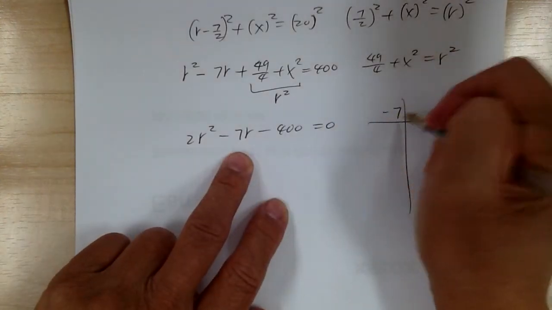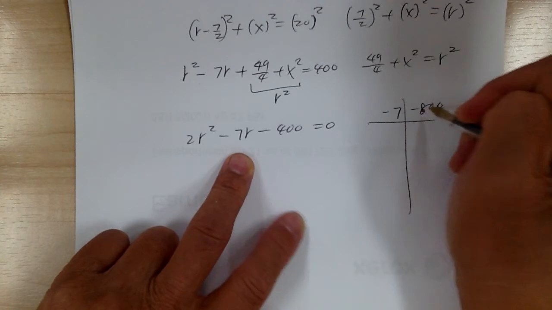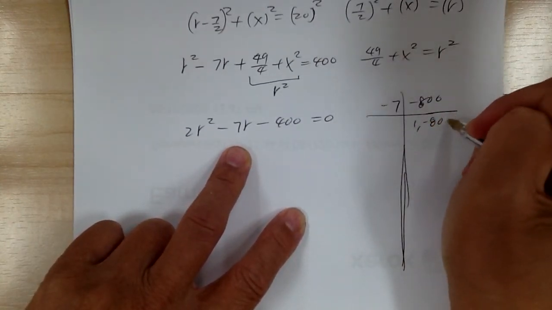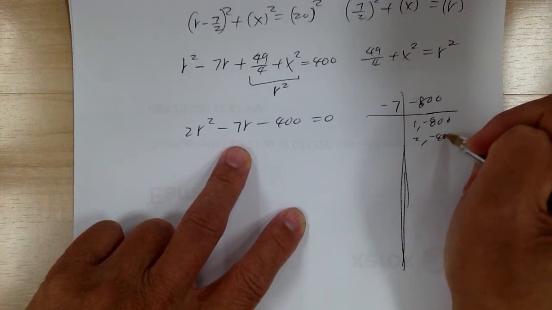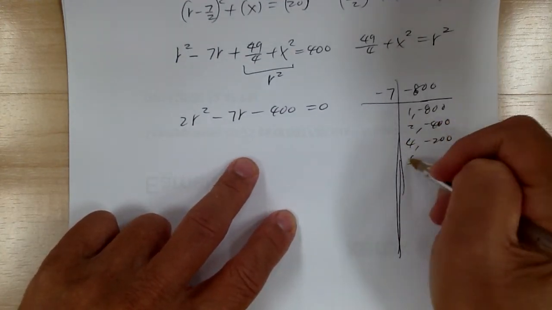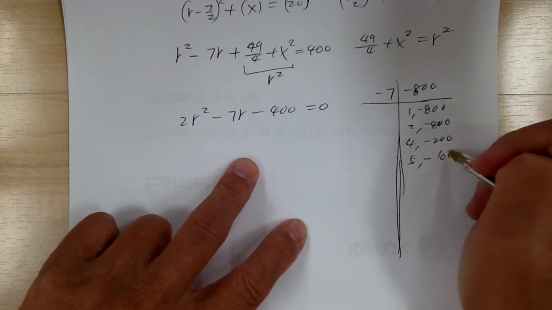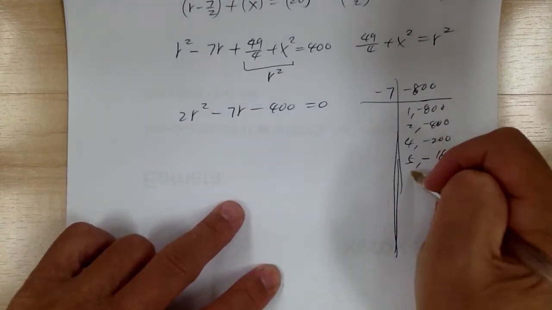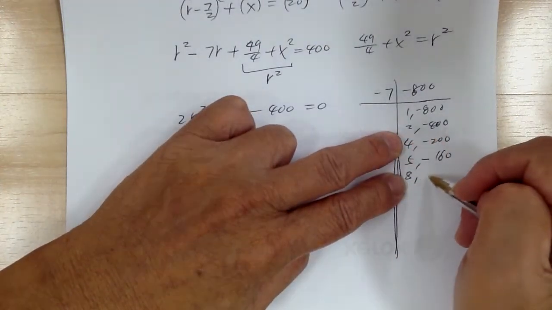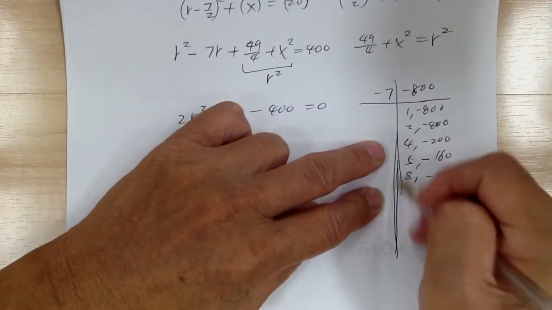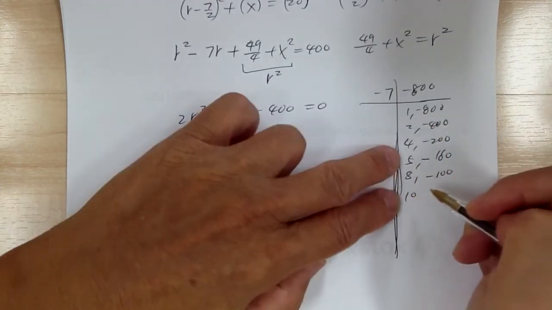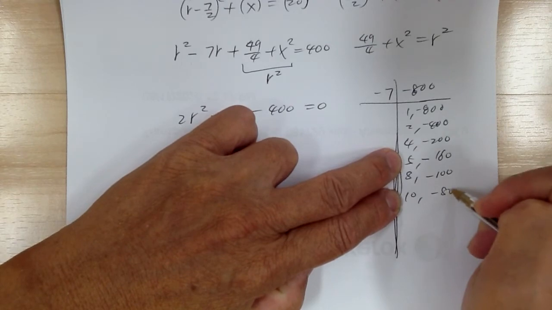So you're going to get negative 7 and negative 800. You start with 1 comma negative 800, 2 comma negative 400, 3 cannot, so 4, negative 200, 5, negative 160, 8, which uses this over here, so this would be minus 100. None of the multiples of 3 is going to work. Then 9, 10, use this over here, so it would be negative 80.